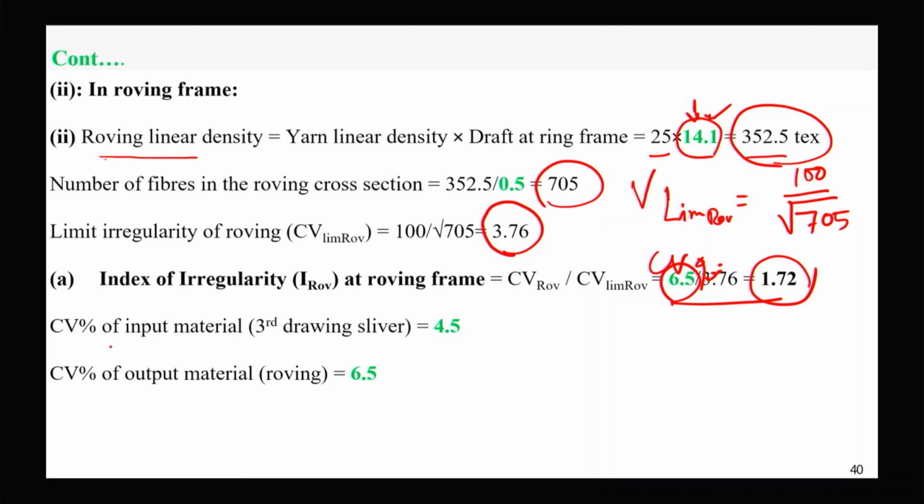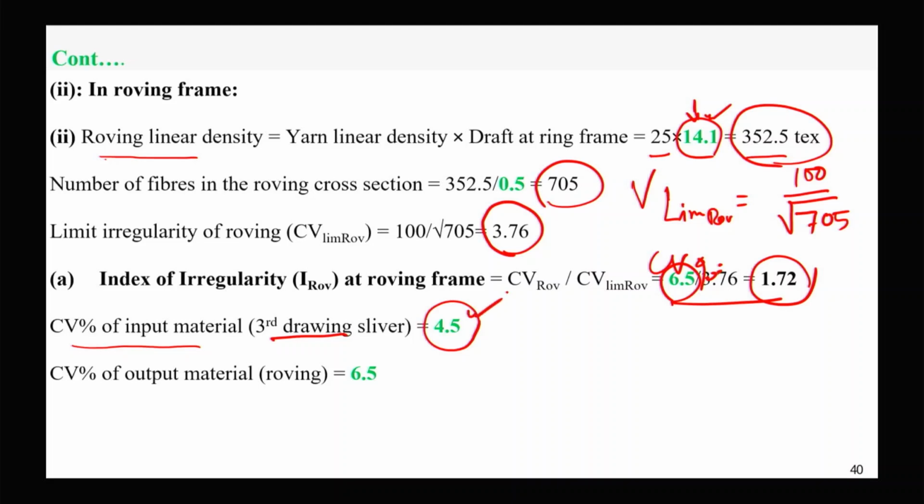Then the input material here is third draw frame sliver. Now we have to calculate the addition of the CV.